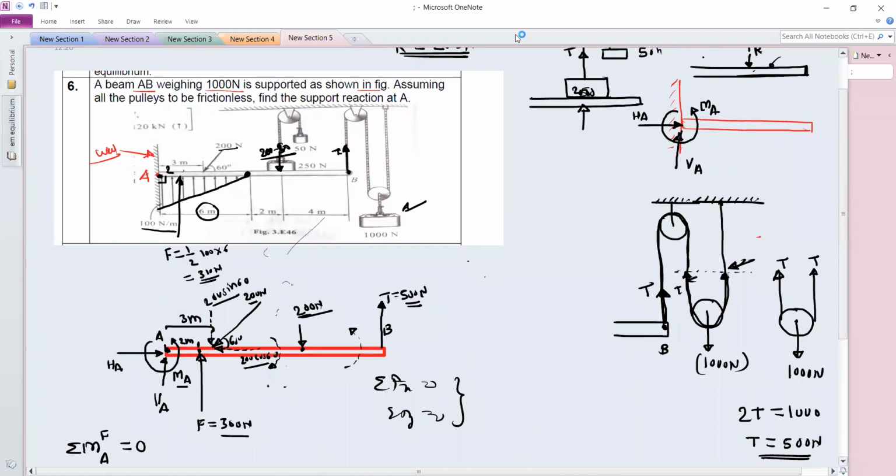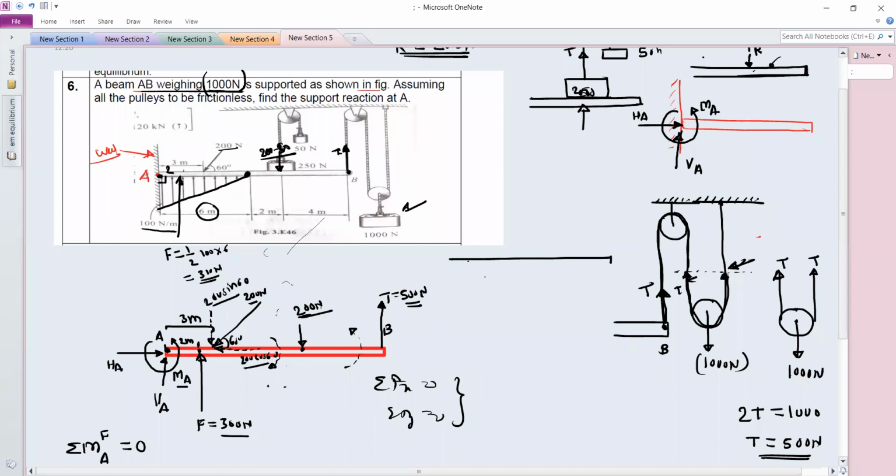Just we made one mistake in this problem. We have not taken the weight 1000 Newton. So the beam AB has the weight 1000 Newton, so we need to add this weight. This weight 1000 Newton for the beam AB will act from its center of gravity. The center of gravity of the rod AB will be exactly at its center.